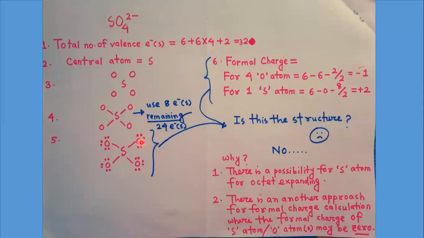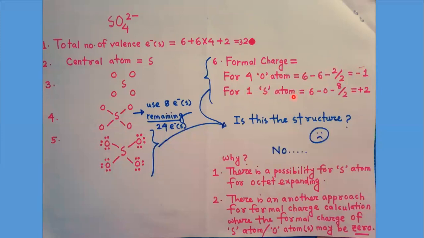If we see the lone pair or non-bonding electrons of oxygen, there are 1, 2, 3, 4, 5, 6 electrons. So 6 minus 6 minus 2 divided by 2 equals minus 1. So each oxygen gets the formal charge minus 1.